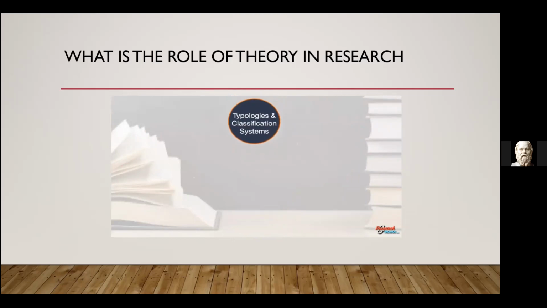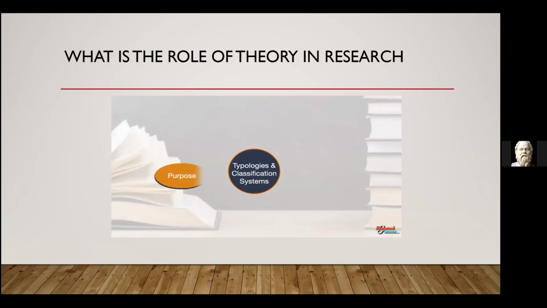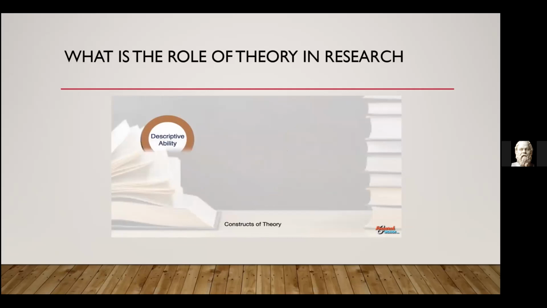Due to the various definitions of what constitutes a theory adopted by researchers, theorists use typologies and classification systems to describe the types of theory in the context of purpose, functions, boundaries, and goals. This definition of theory uses 8 constructs. It suggests that a theory should possess descriptive ability.